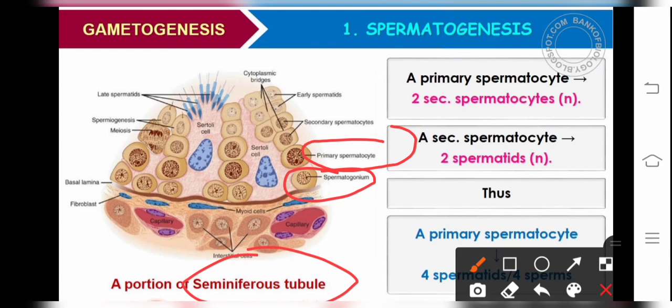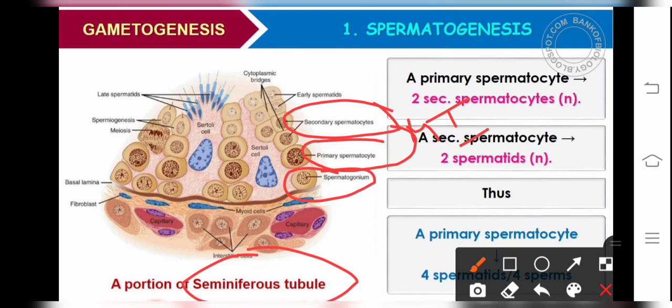Mitosis is an equational division, right? So after that the secondary spermatocyte forms. Sorry, the secondary spermatocyte will be haploid in nature because meiosis first happens.